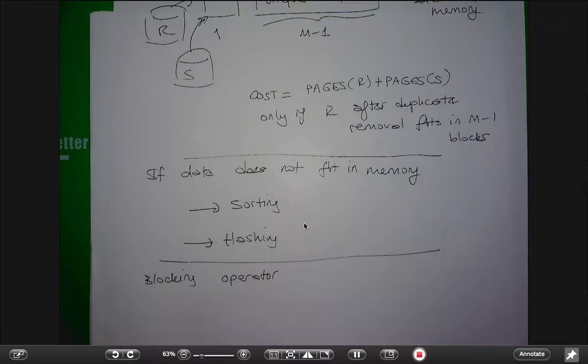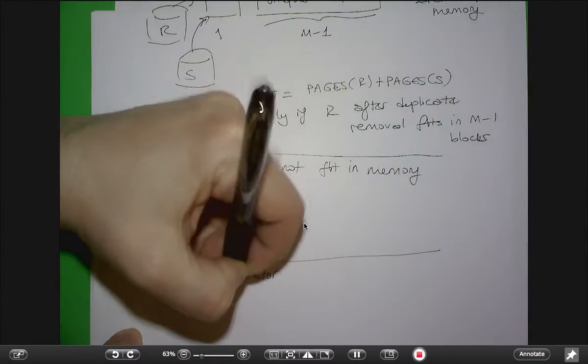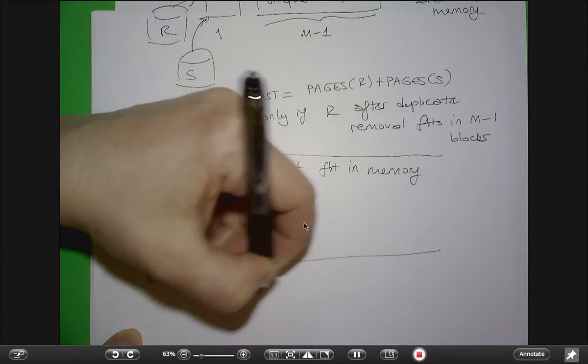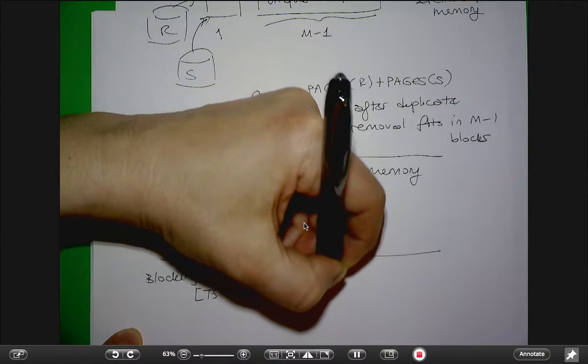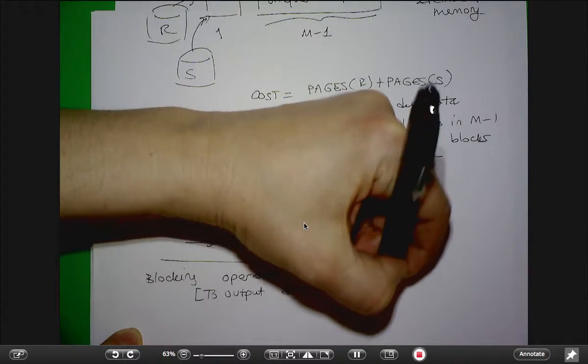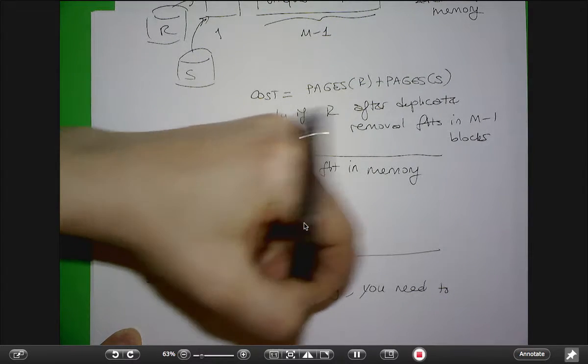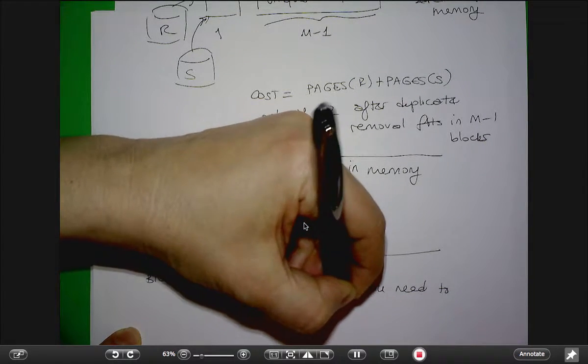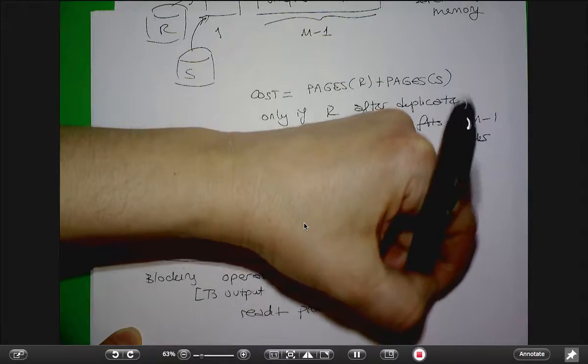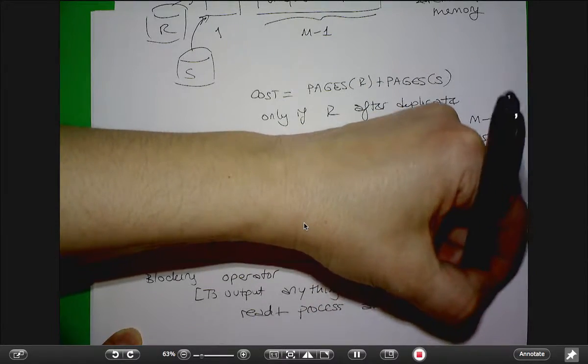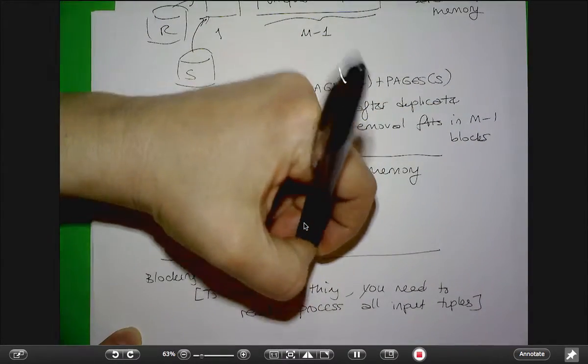So to output anything at all, you need to read all input tuples. A good example of this is group by, for example.